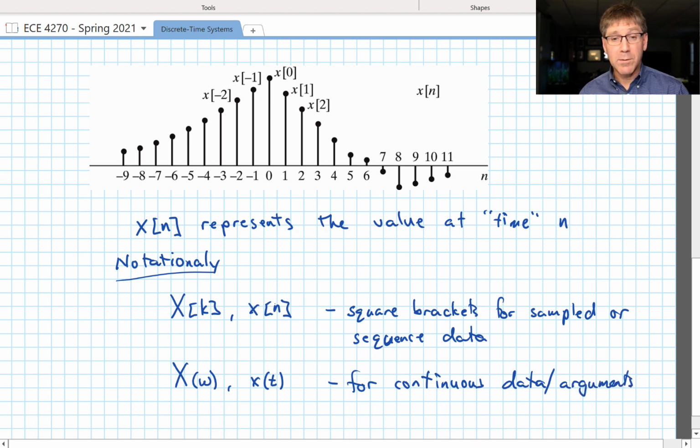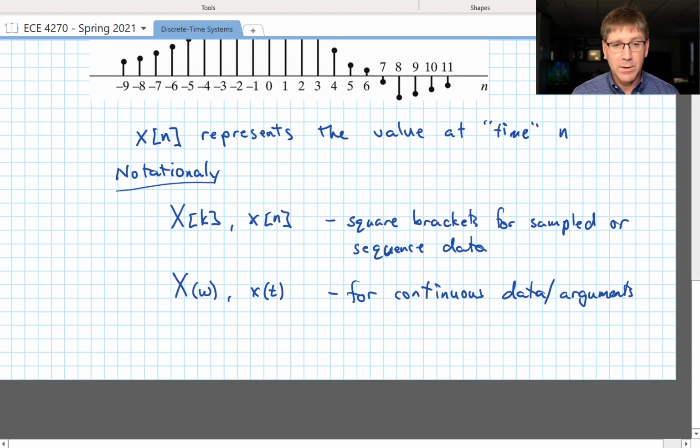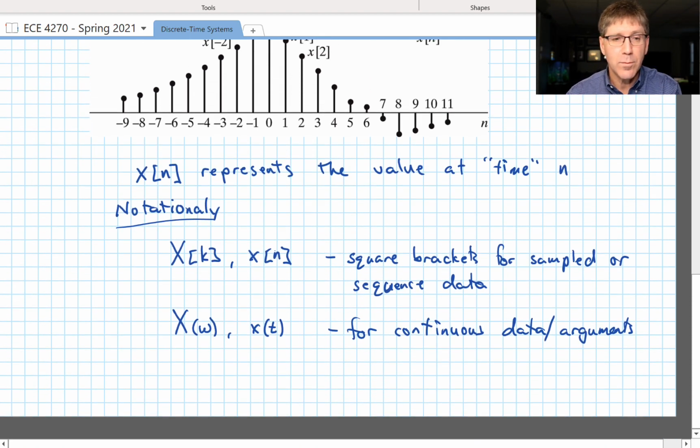I will try my best to be consistent with the textbook in this regard. I have noticed, though, that I try to write as quickly as I can so that you're not sitting here falling asleep while I'm writing. And the quicker I write, the more my square brackets look like anything but square brackets. But that's what I'll try to do. Square brackets mean discrete data, and parentheses mean continuous data.